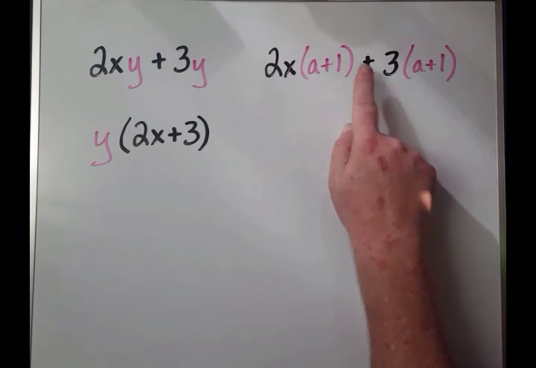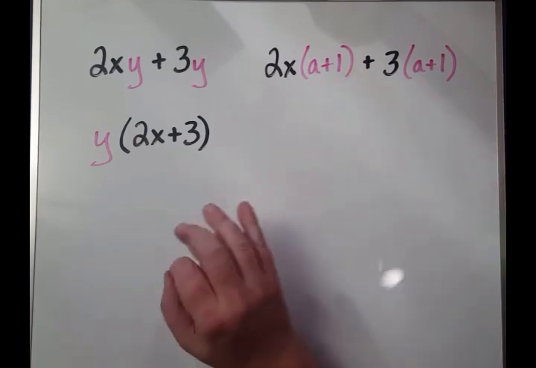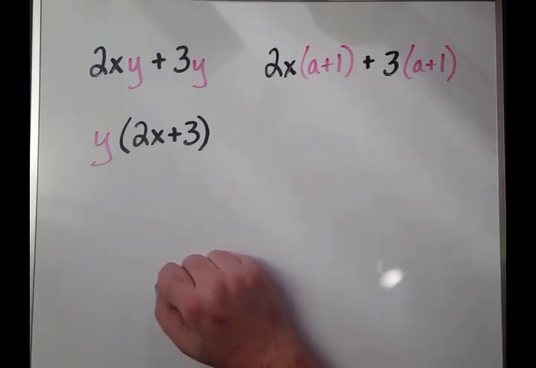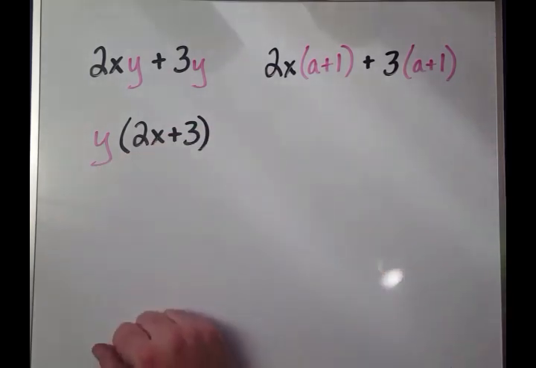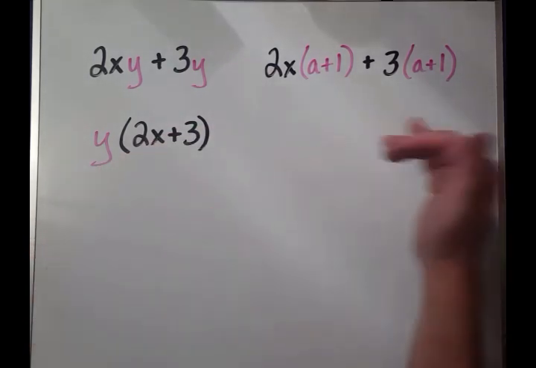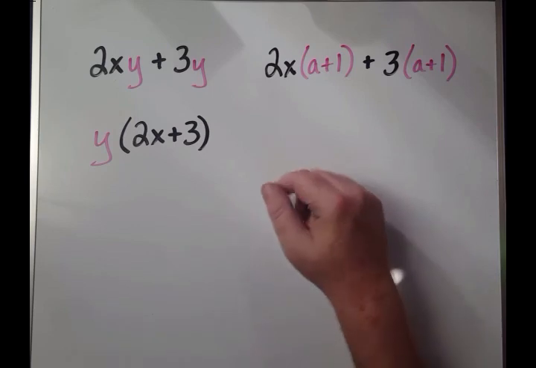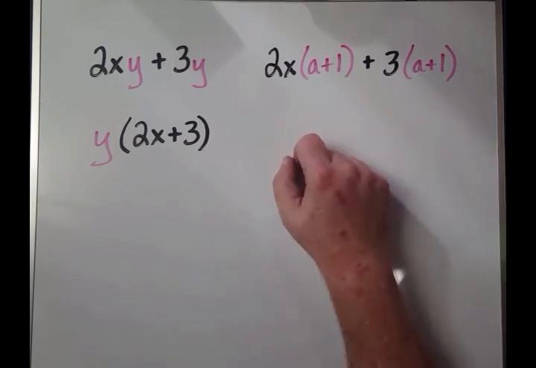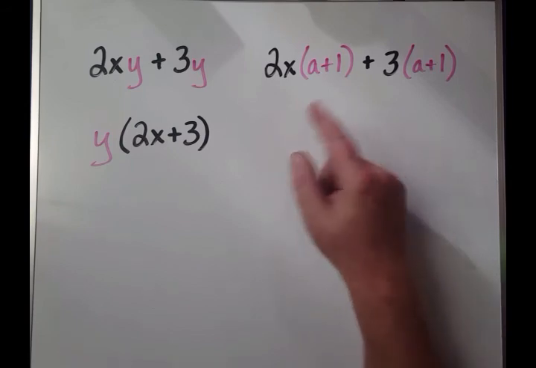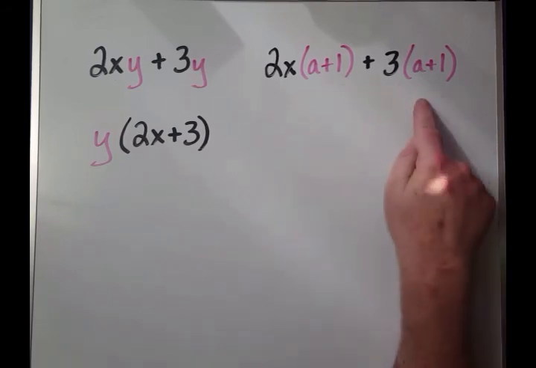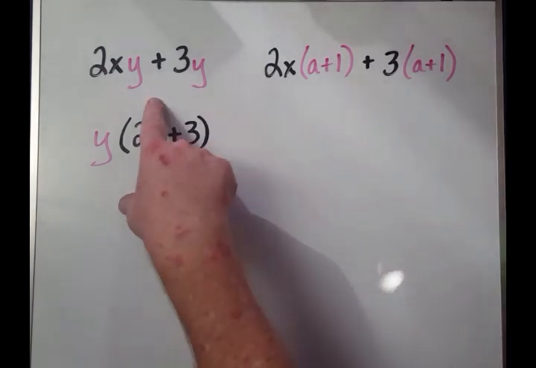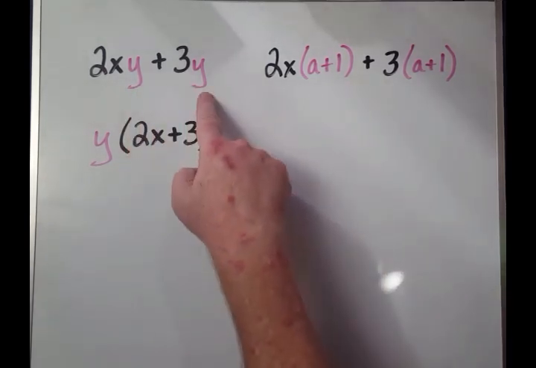Now, do these 2 terms have any common factors? You see why I've used the color marker. I'm leading you to say yes, they do have a common factor of a plus 1. You will often hear me say they have a common binomial factor of a plus 1. And it's just like this problem. I could factor out the pink y.